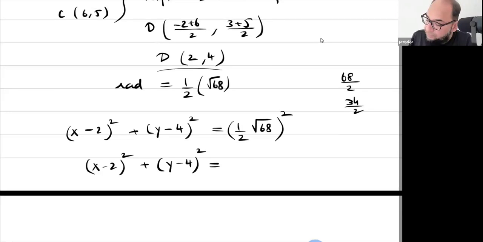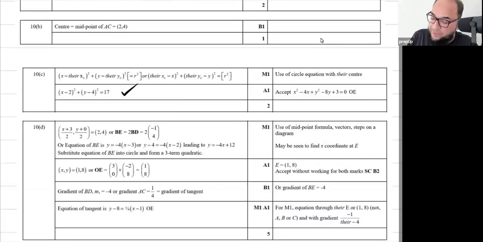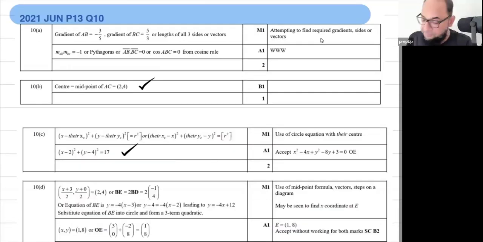Actually, the square root is there, and after squaring, let me check one thing. This is 1/4 of 68. After squaring, this is 1/4 of 68. So this is 17. So we will write 17 over here. Let me double check the answer. That is the answer for part C. That is the answer for part B.